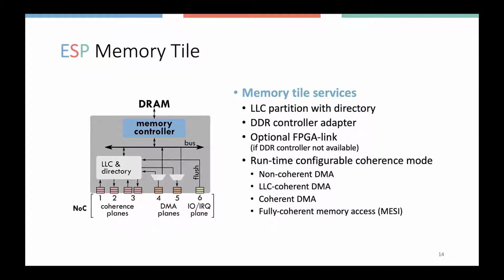And when they're served by the last level cache, they can be served in a last level cache coherent mode, in which we do not involve any private cache in the communication, or using the full coherency protocol, and therefore being able to actually exchange data that might be owned by a processor or another accelerator in their own private cache. And this is all implemented within each of the memory tiles. And you can instantiate multiple of them, of course, depending on the bandwidth that you need for your specific target SoC.